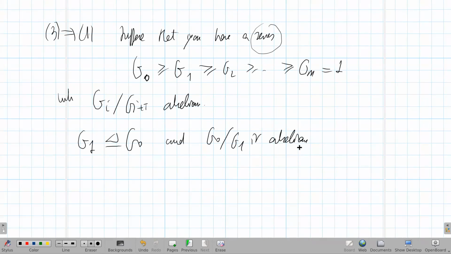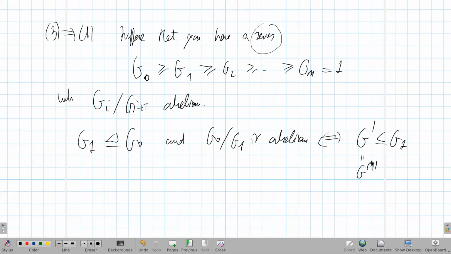But what we have proved is that if you have a normal subgroup with abelian quotient, this happens if and only if G prime is contained in G1, okay? This is the sort of universal property of the derived subgroup. It is the smallest normal subgroup with abelian quotient. And remember that G prime can also be denoted by G superscript 1.